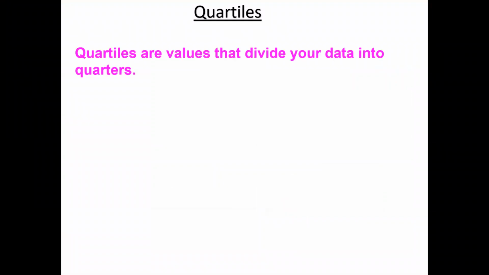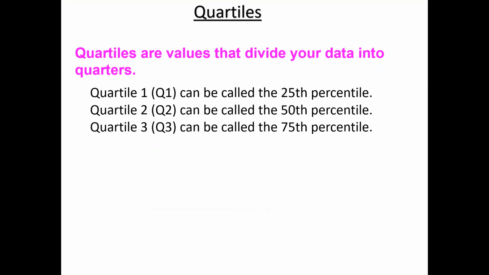Now I am introducing a concept called quartiles. What are these quartiles? Very simple. These are used to divide your data into quarters, for example 25%, 50%, 75%, 100%. That is nothing but the quarter. So Q1, or quartile 1, can also be called the 25th percentile. Similarly, Q2 is the 50th percentile, and Q3 is the 75th percentile.